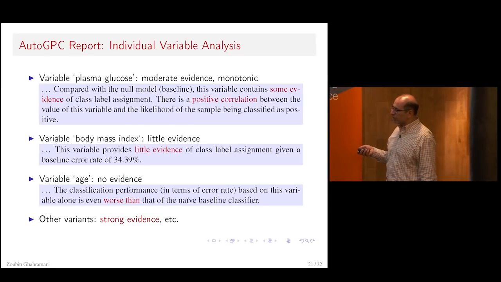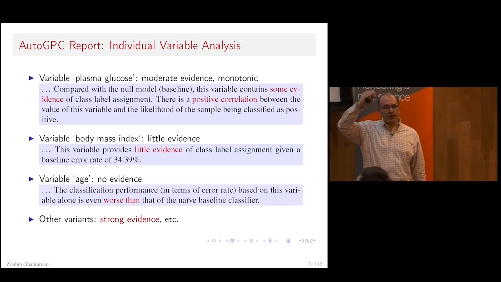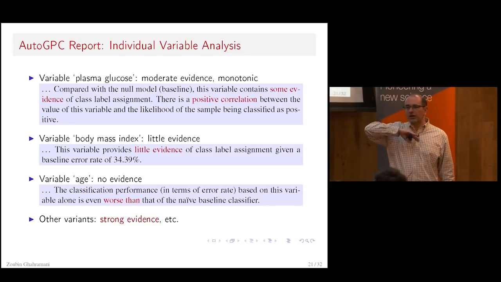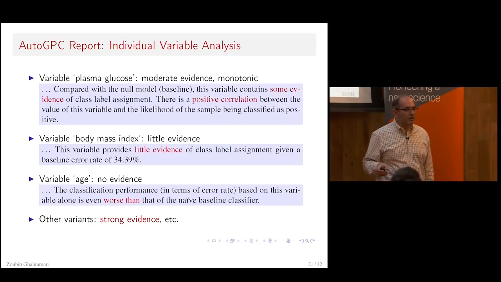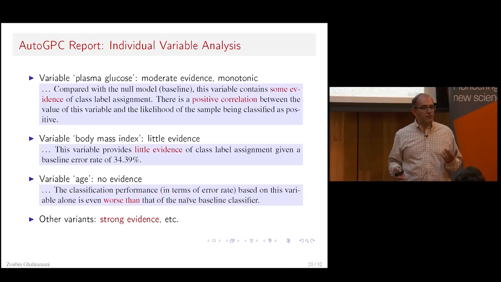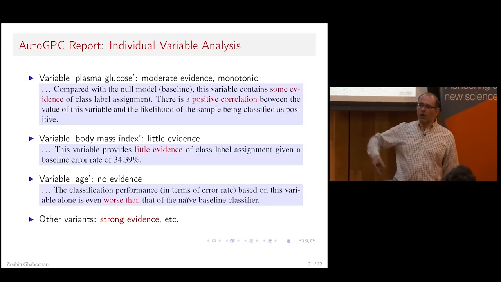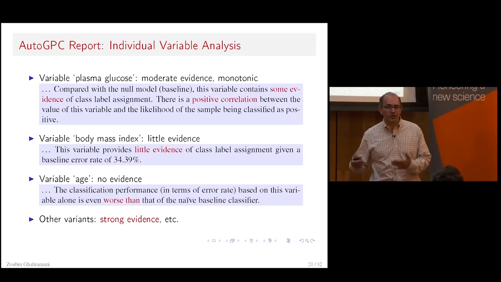We also looked at things like monotonicity, like whether the class probability is monotonically increasing or decreasing with a particular input variable. We use words like no evidence or little evidence or moderate evidence because we want the reports to be readable, right? If you pack them full of numbers, they're not easy to read. But if you say there is moderate evidence that y increases monotonically with x, that's something that some people might find useful when they're analyzing their data.